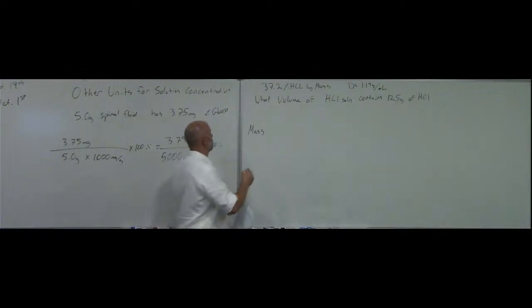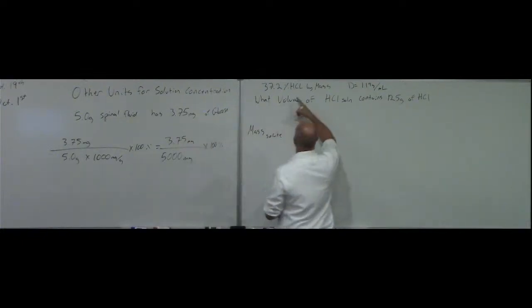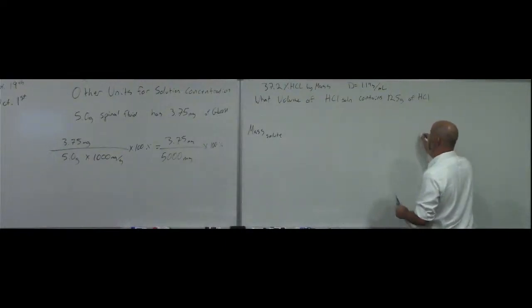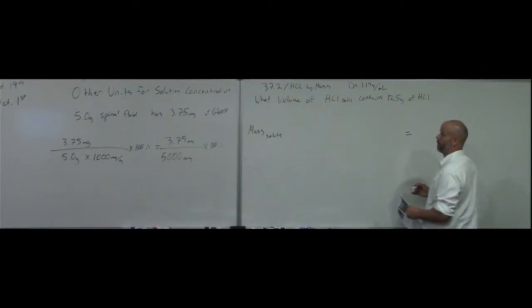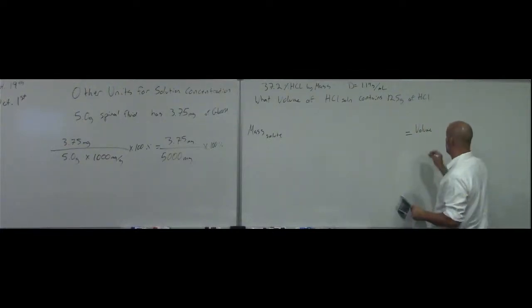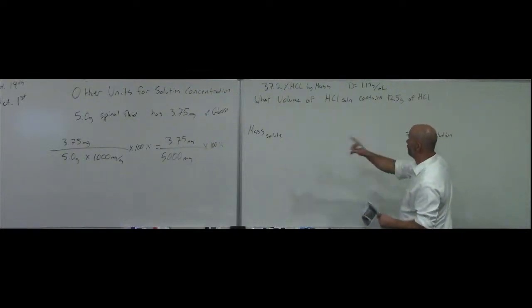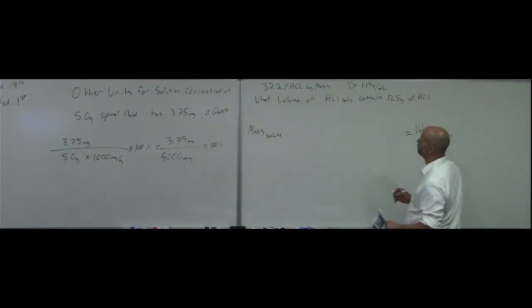HCl. So mass of solute, right? And what's it asking me for? What do I want over here? Volume of solution, right? So I'm trying to go from mass of solute to volume of solution.